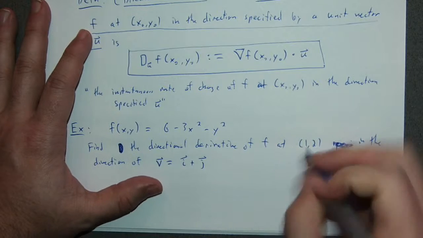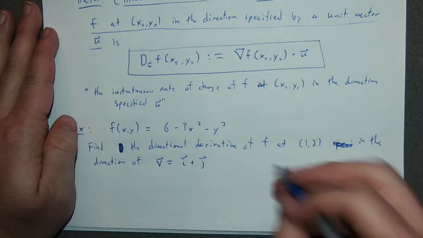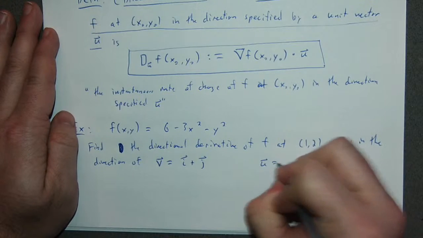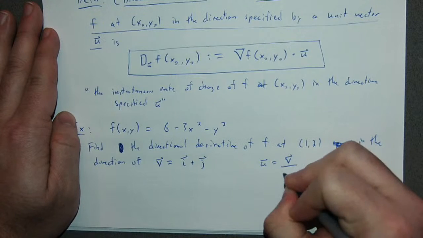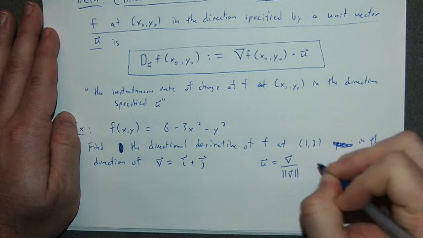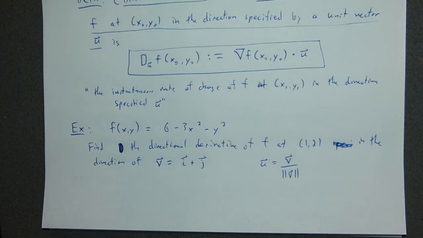I find a unit vector in the same direction by taking the vector I've been given and dividing by its length. This is a trick you can always do so long as the vector is not the zero vector.